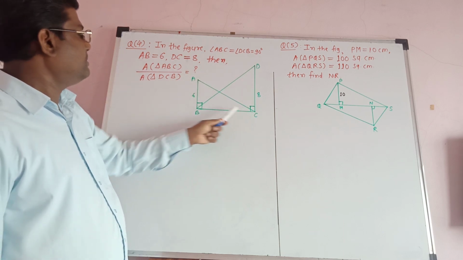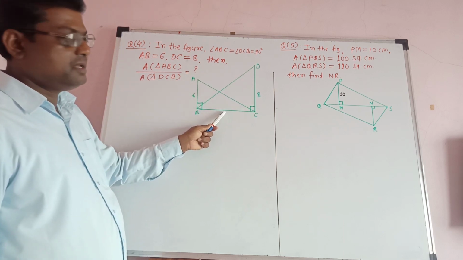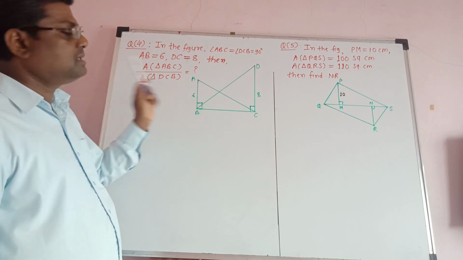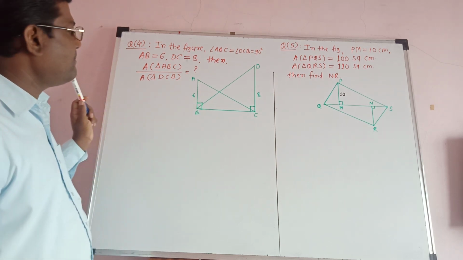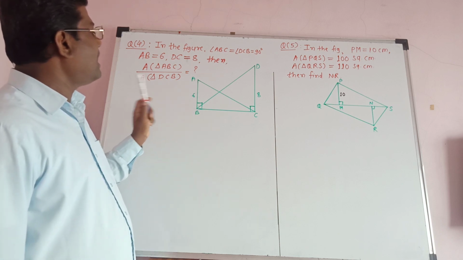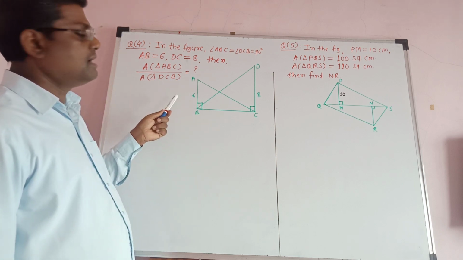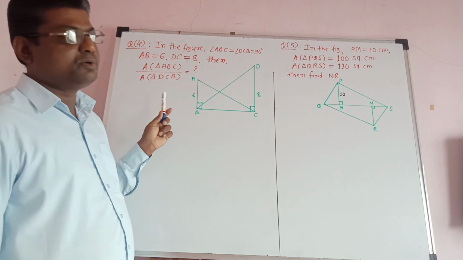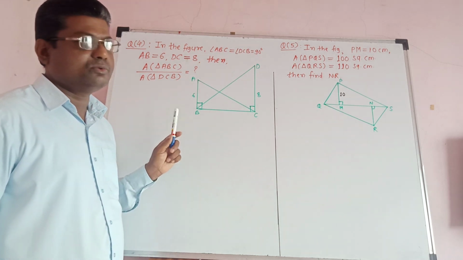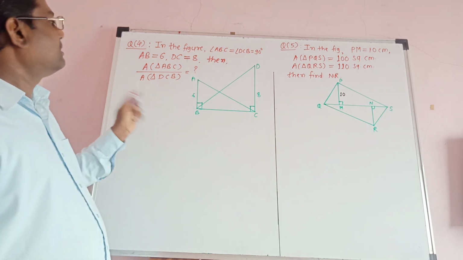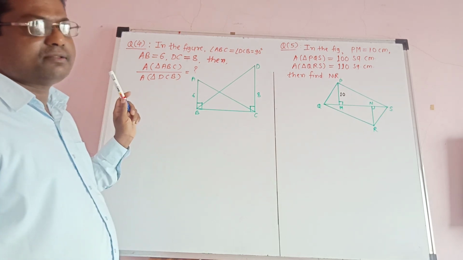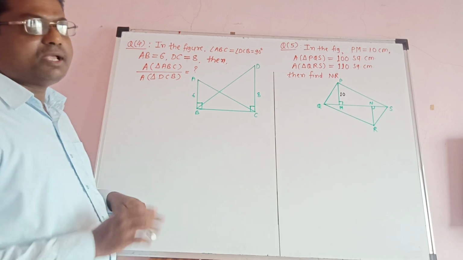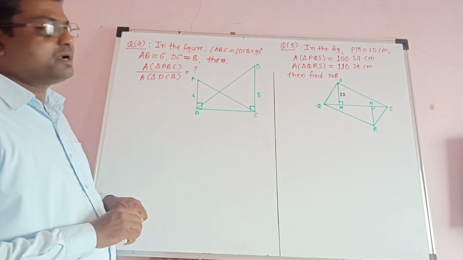Triangle DCB has BC base and CD height. Therefore, these two triangles have same base BC and different heights. So, the ratio of areas of two triangles, if their bases are same, is equal to the ratio of their corresponding heights.